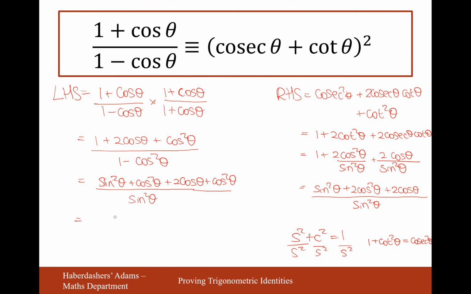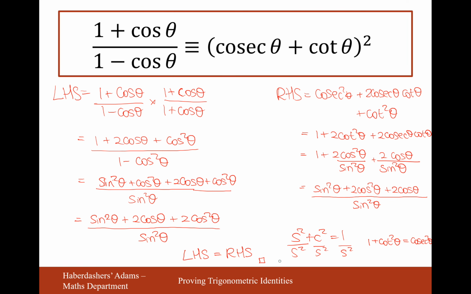So let's now group the cos squareds together, so it would be sine squared theta plus 2 cos theta plus 2 cos squared theta all over sine squared theta. And you can see now that what we've got on the left hand side is rearranged to what we've got on the right hand side, so therefore left hand side equals right hand side. And there we are. That's the little proof for this final question here.